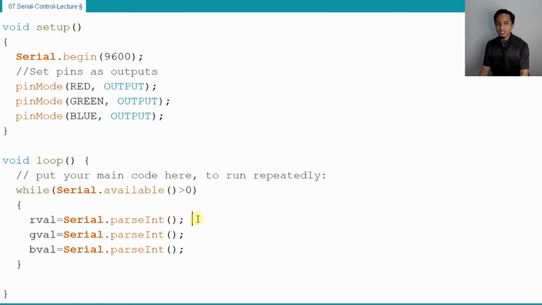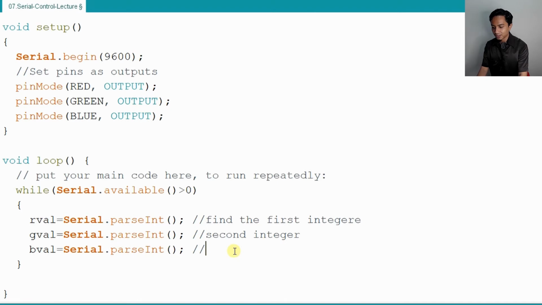It will find the first integer value, and then it will go to the second valid integer, if it could find another integer, and then it will go to the third valid integer.